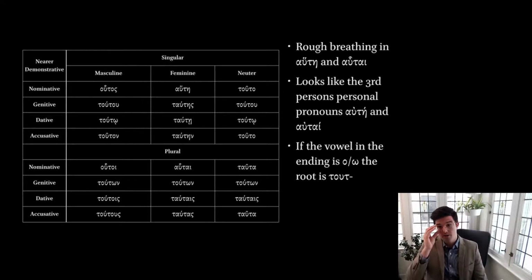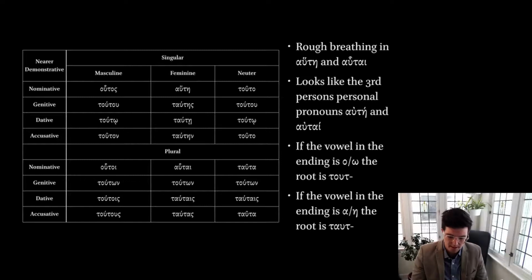notice how the root changes between toot and tout. So if the ending has an omicron or omega, so an O sound in it, we're going to have toot being the root. Whereas if the ending has the vowel sound A, the alpha or the eta, we're going to have tout.